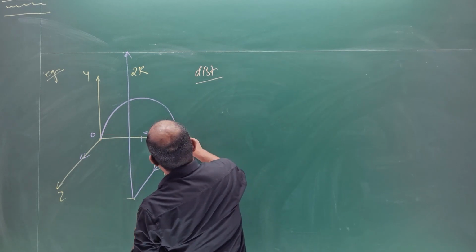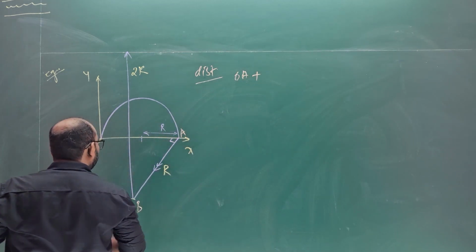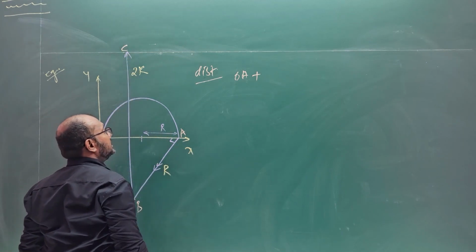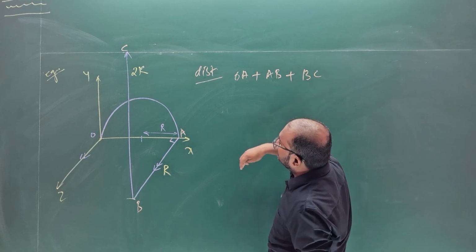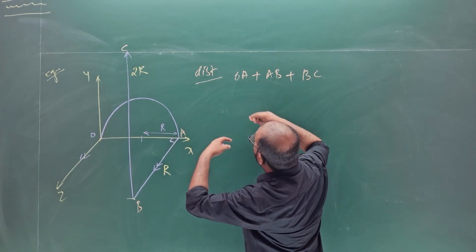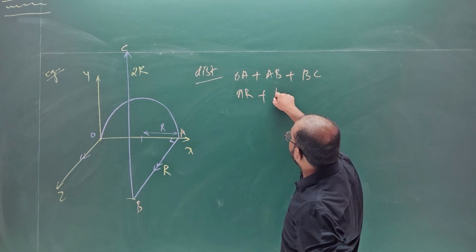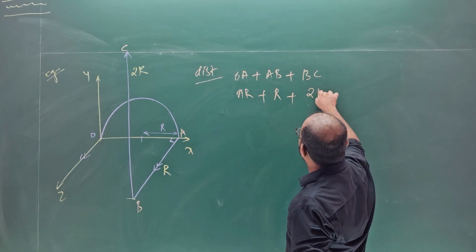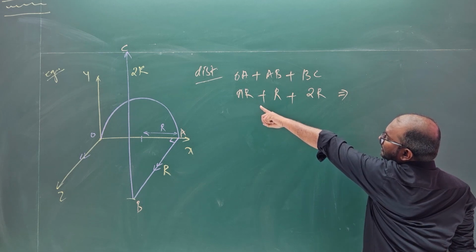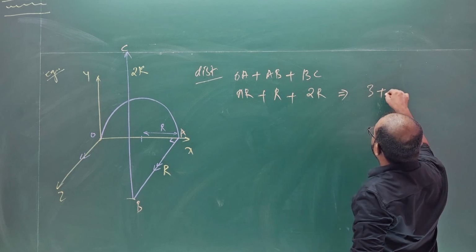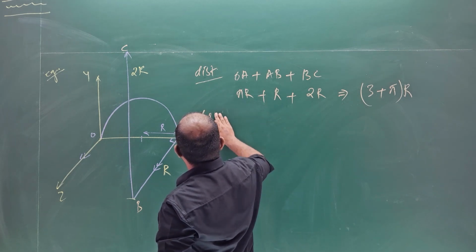From O to, let it maybe A, this point as A. So OA plus of this becomes B, and this becomes C. So OA plus AB plus BC is nothing but your distance, and OA is pi r plus AB is r plus 2r, or this can be written as 3r plus pi r. This is your distance.